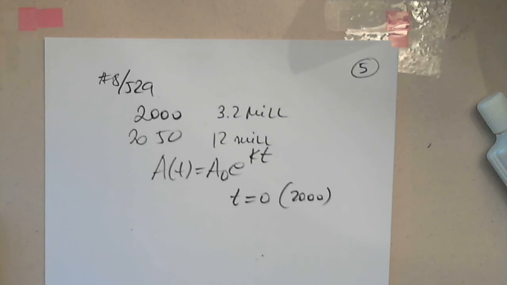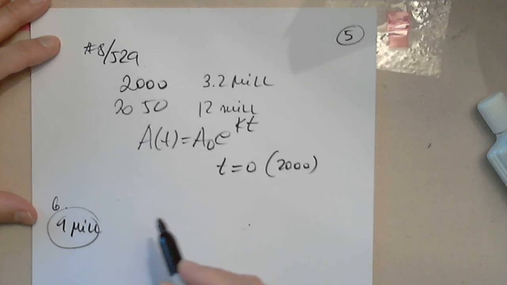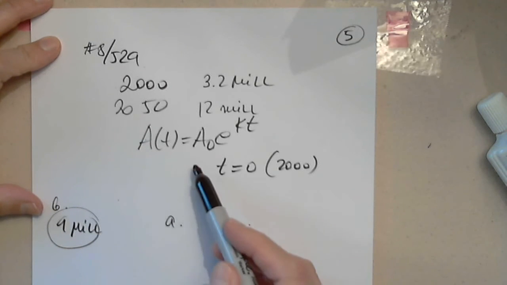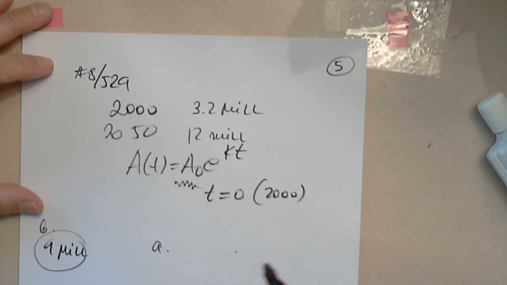And then in part B, in which year will the Palestinian population be 9 million? That's for part B. In part A, they want us to determine this, which I don't have, and this.